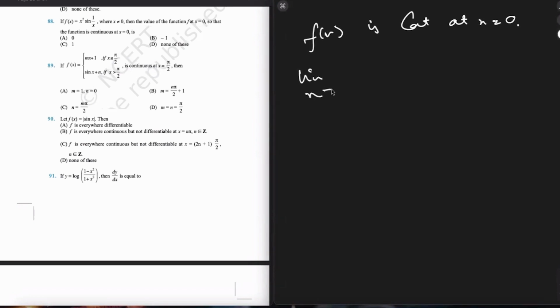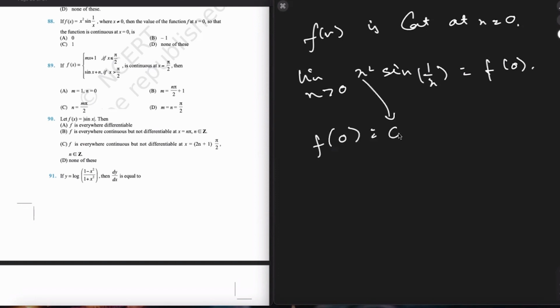Limit x tends to 0 for x square sine 1 upon x. This should be f(0). So this will be 0 into an oscillating function from minus 1 to 1, which does not matter since 0 is multiplied. The answer is coming out to be 0. So the value is 0.